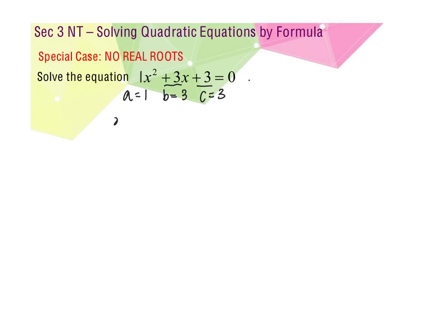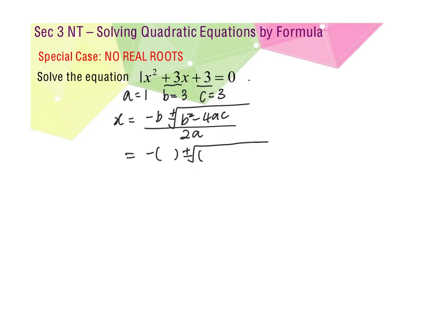Using our formula, x equals negative b plus minus square root of b squared minus 4ac over 2a. So b is 3, a is 1, c is 3.